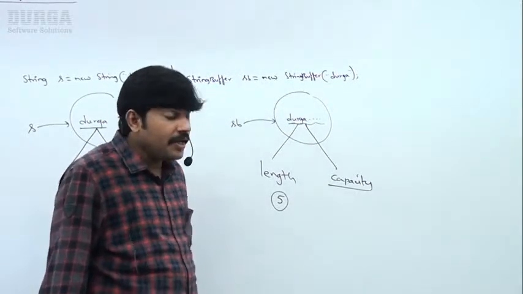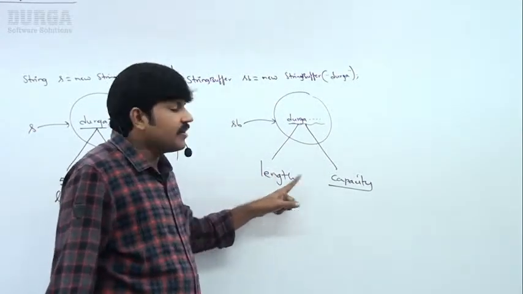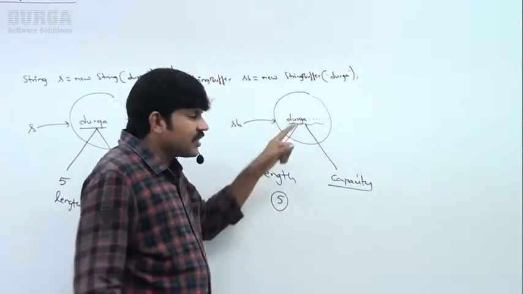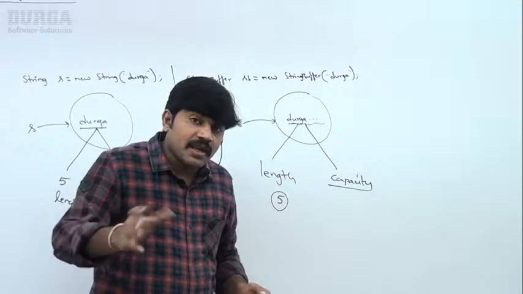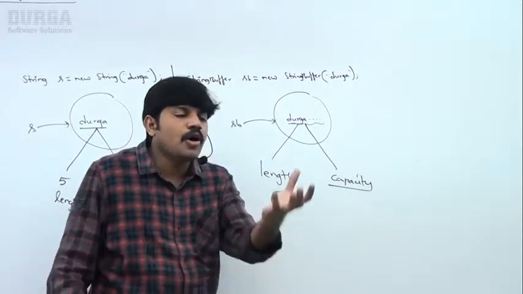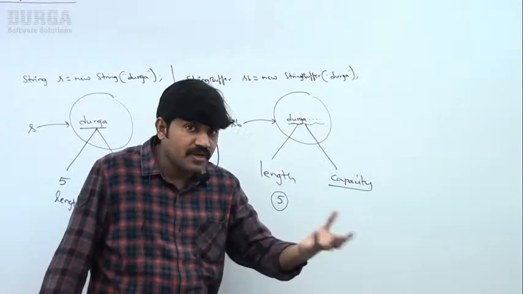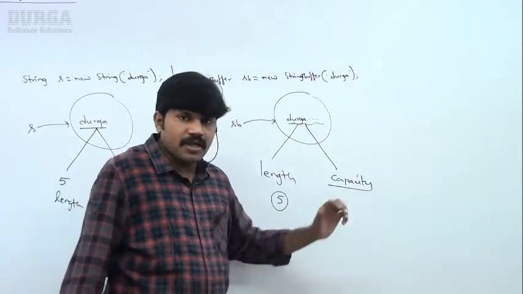Remember this: length and capacity are different concepts. Length is the number of characters already present, but capacity is the total number of characters this object can hold.